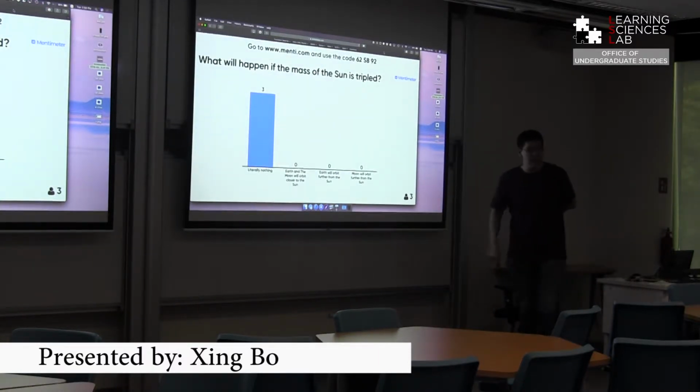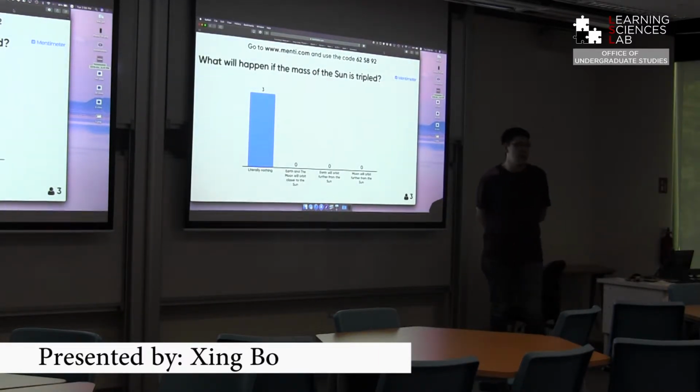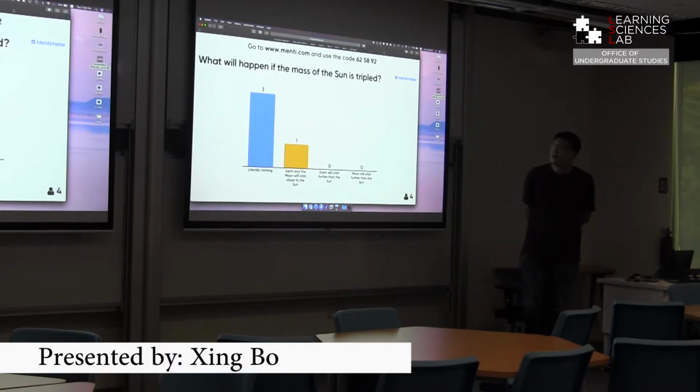What will happen if the mass of the Sun becomes 3 times the current mass? Everybody is very scientific.